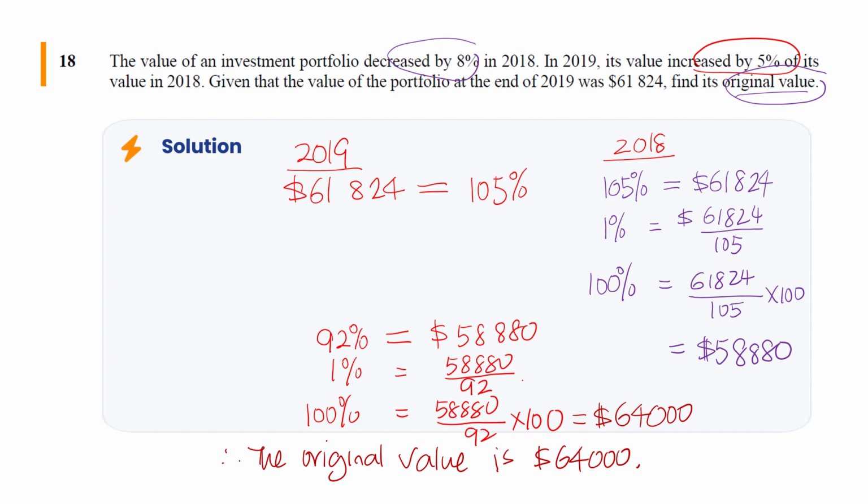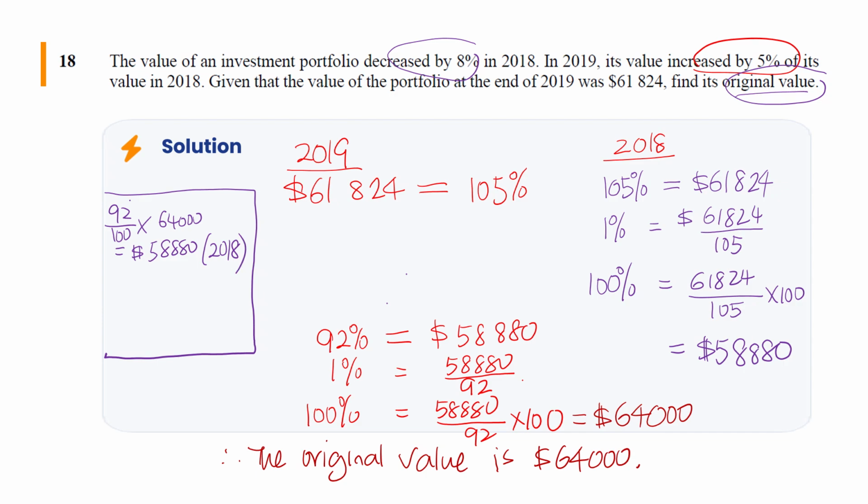Decrease by 8% means we are finding 92%. So we take 92% times 64,000. This is the value for 2018.